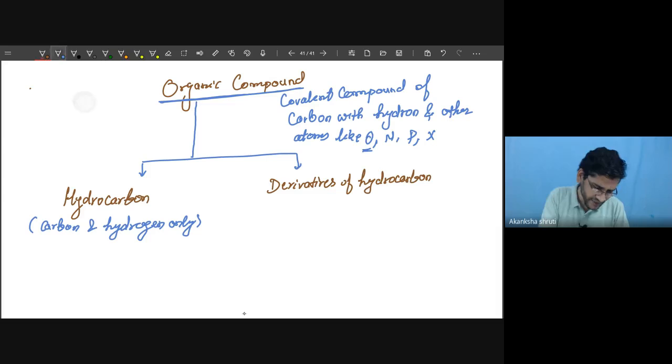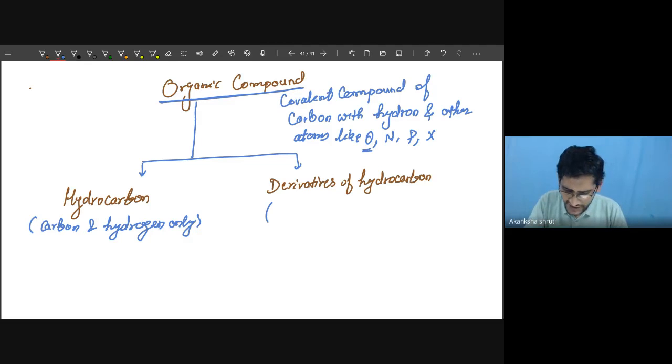Derivatives of hydrocarbon are those in which one of the hydrogen atoms of the hydrocarbon is replaced by a functional group or any heteroatom or any different atom. Like we learned, methane is there, but if one of the hydrogens is replaced by chlorine, it becomes chloromethane. So chloromethane is a derivative.